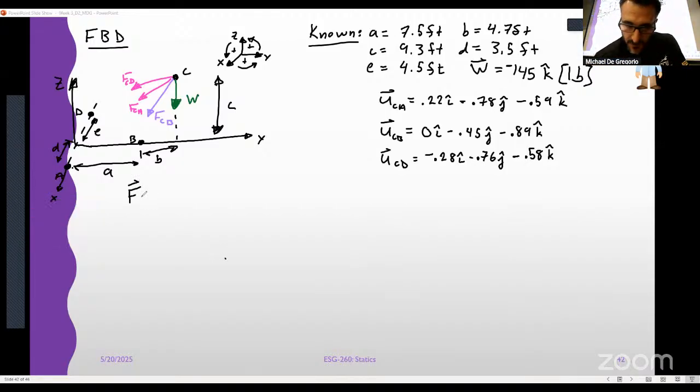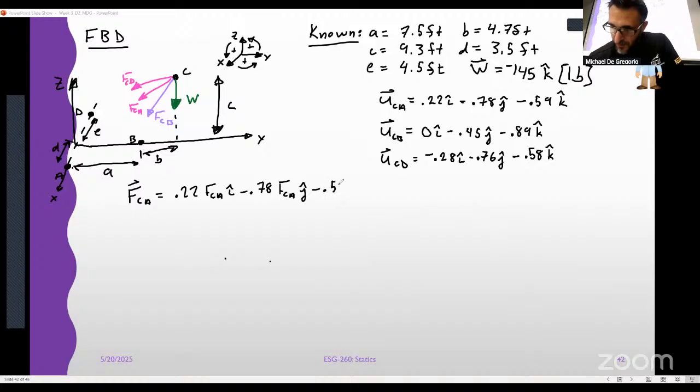Okay, so force CA is going to be equal to 0.22, the magnitude of FCA in the I, minus 0.78 times the magnitude of FCA in the J, minus 0.59 magnitude of FCA in the K, right?